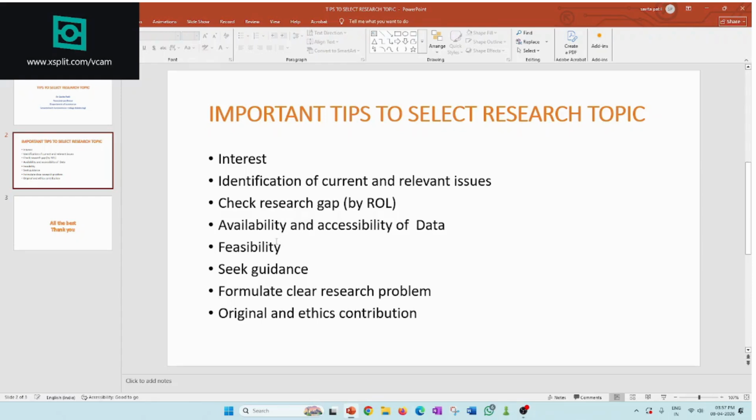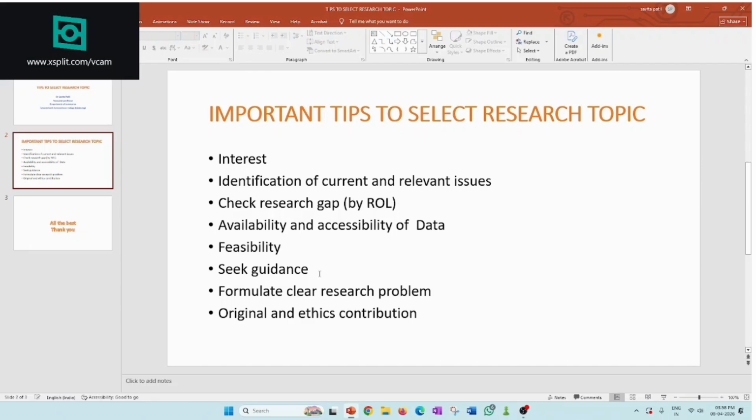Under feasibility, you have to consider the cost involved, the resources which are available, and the tools and techniques which are suitable for your research. After this, very important, you have to seek guidance from your professors, experts, and friends who have good knowledge in that particular field. Okay.